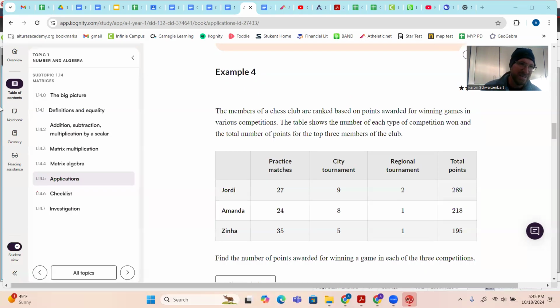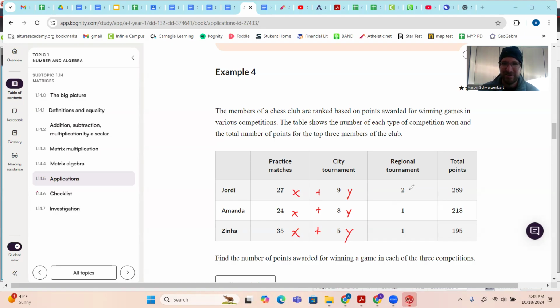So this would be like saying in equations, this person has 27 wins in practice matches. 27 times X is going to be the number of points for practice matches. Plus 9 wins in the city tournament, 9Y is points for city tournament wins.